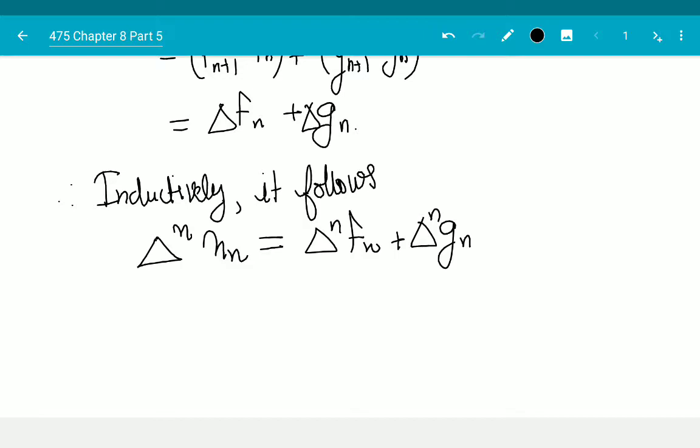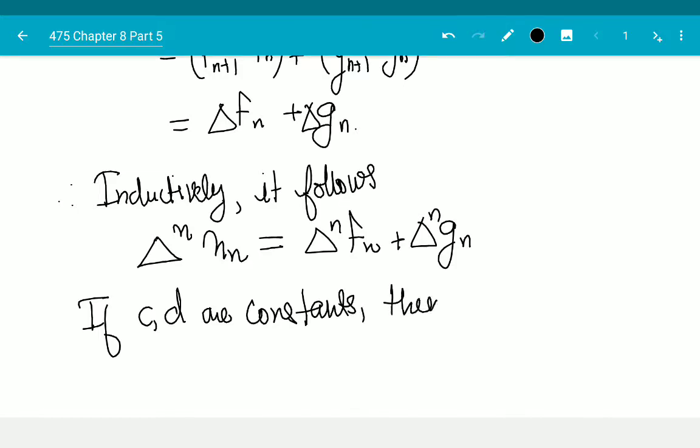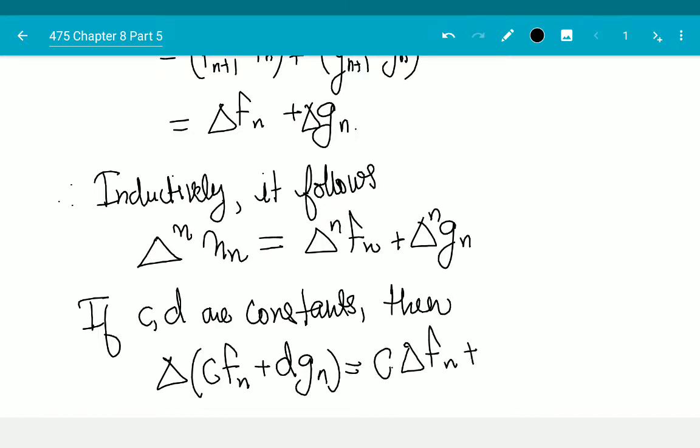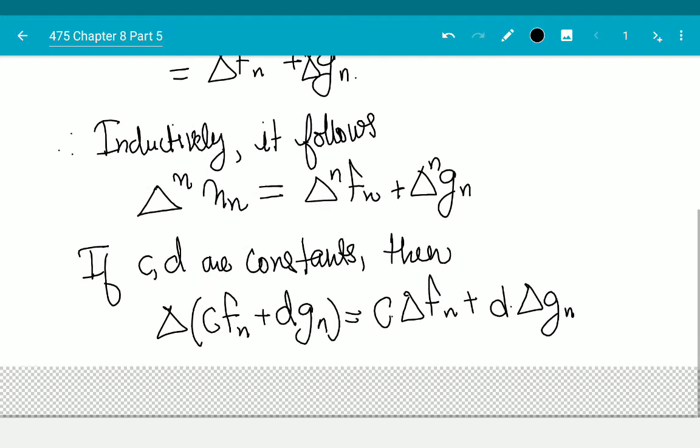And in fact, if C and D are constants, then delta of Cfn plus Dgn is equal to C times delta Fn plus D times delta Gn, right?